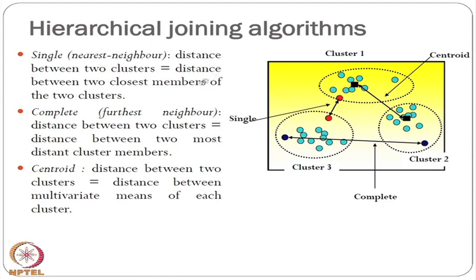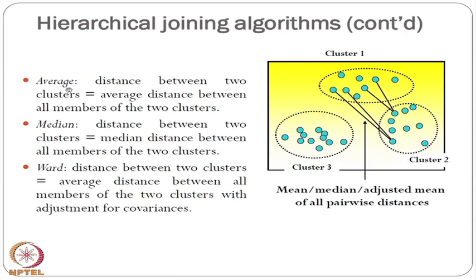There are many ways to group objects in hierarchical joining algorithms. The names are single linkage or nearest neighbor, complete linkage or farthest neighbor, centroid linkage, then average linkage, median linkage and Ward linkage.